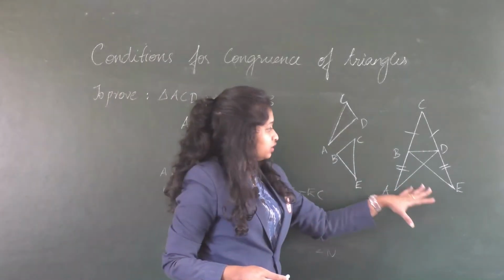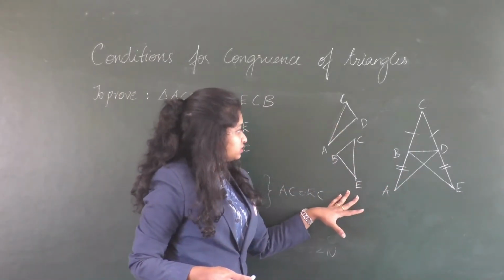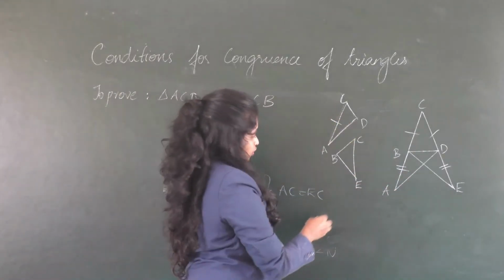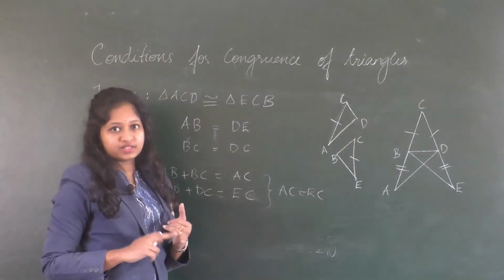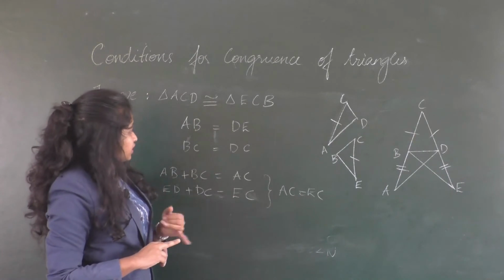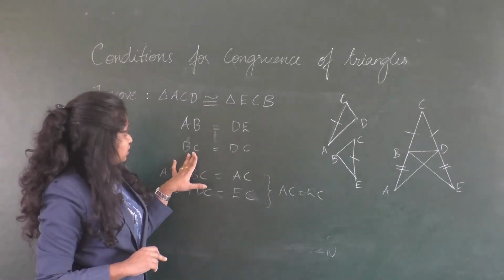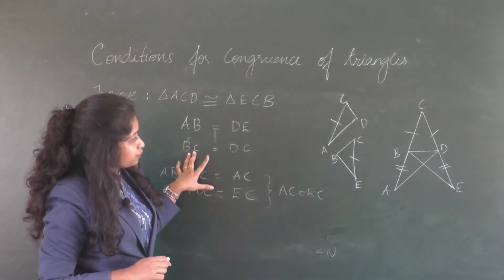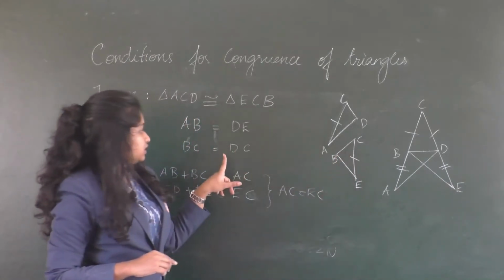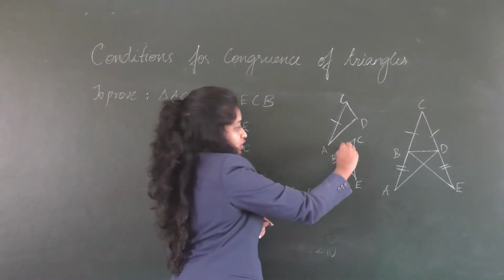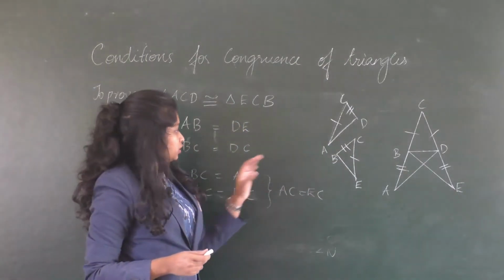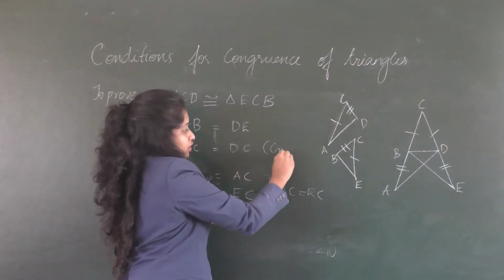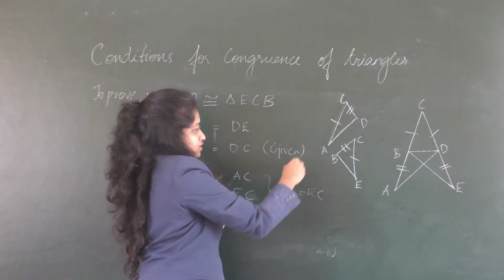See, I have drawn the separate triangles of this. So AC equal to EC. We have proved one side. Okay. Next, let's see BC. BC is equal to DC. It is also given. Now we got two conditions of sides.